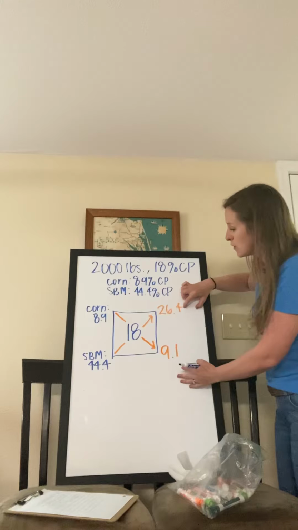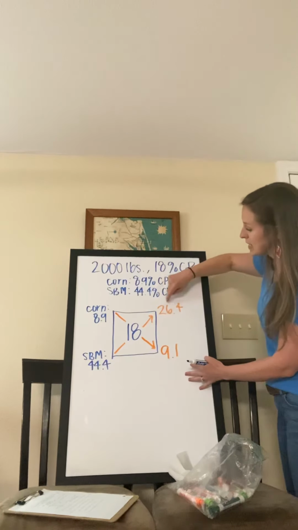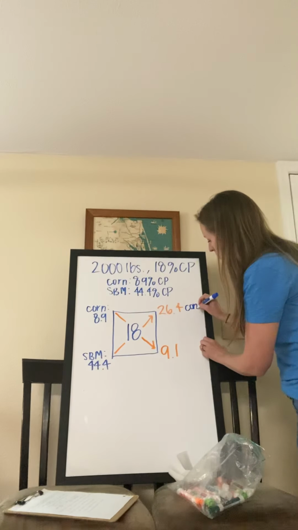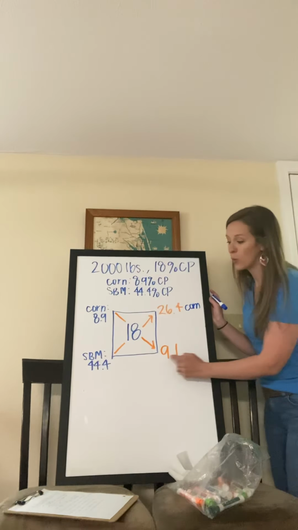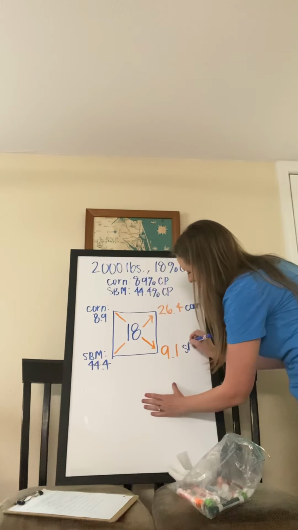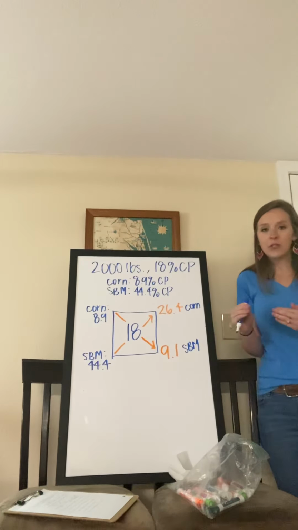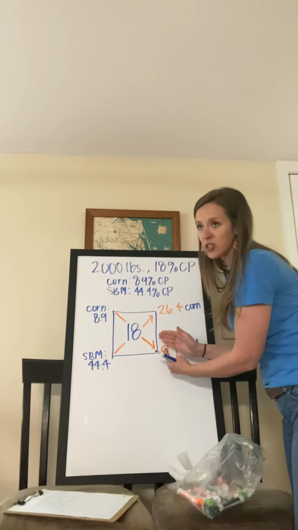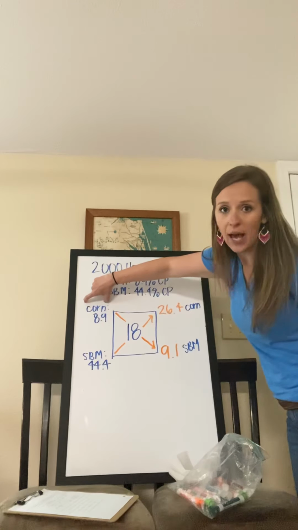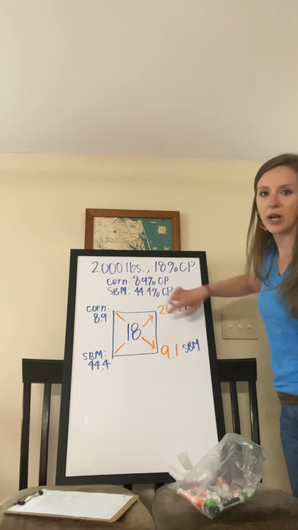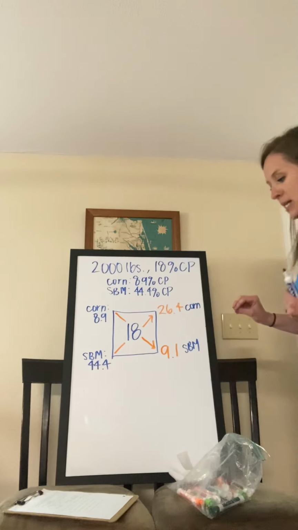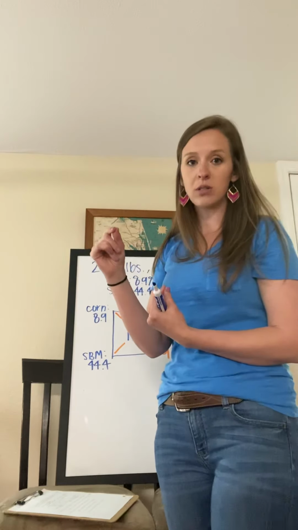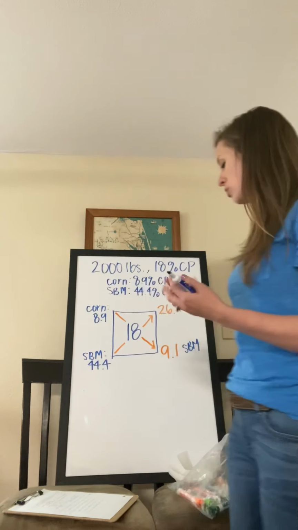I know that's a little confusing, but 26.4 would be corn, and 9.1 would be soybean meal. That's where people get tripped up. You subtract in a diagonal fashion, but you carry that feed type just straight across. Don't mix that up, because if you do, the rest of it is going to be backwards. It's not going to be wrong, it'll just be backwards. So you don't want that.